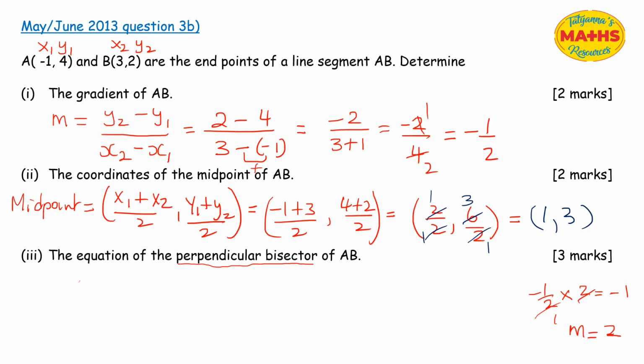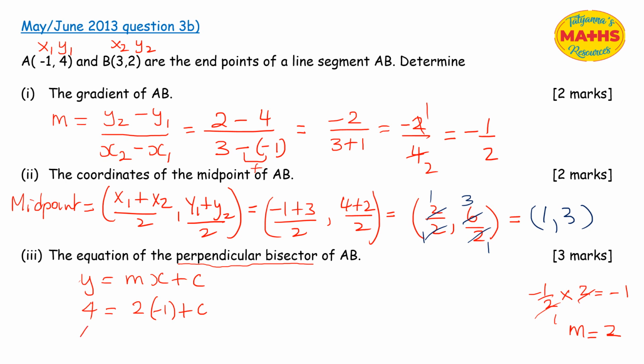So the equation of the line is y equals mx plus c. So we're going to substitute. We can use the coordinates that we had from the beginning, and we can use A. So 4, I know the gradient is 2, and we're going to use the x value, which is -1, plus c, and we're doing this to find the value of c.